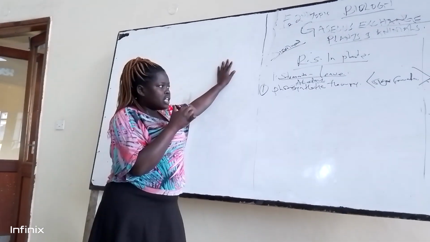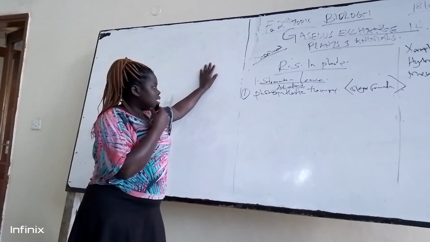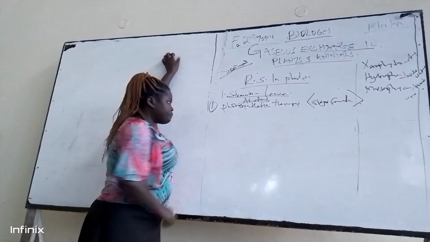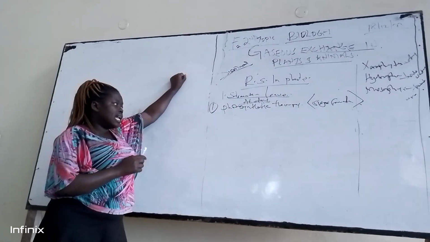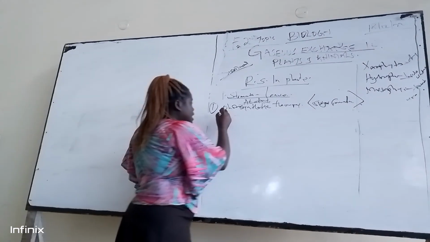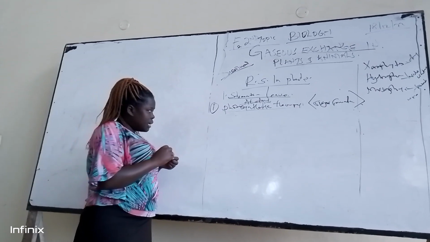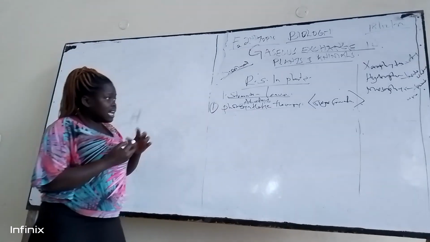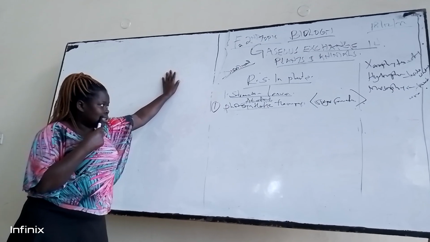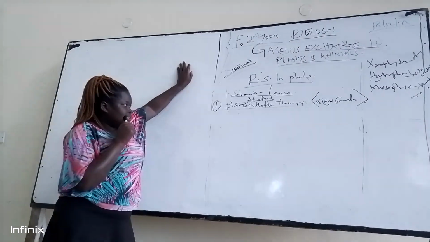It tries to explain the sugar formation in the guard cells. At daytime, because of the presence of sunlight, photosynthesis takes place. Photosynthesis takes place where there is sunlight. In the guard cell there is chlorophyll, which means the site of photosynthesis is present. So during daytime, photosynthesis occurs.